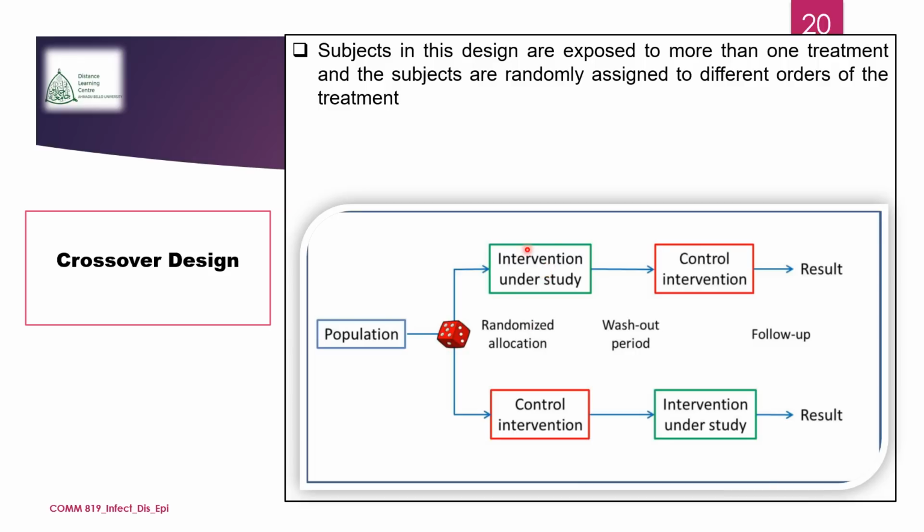Then the control, you give them normal Panadol. So in crossover, you first give the intervention Panadol Extra, then followed by normal Panadol to see the effect. Then for the other group, you give them the normal Panadol, then you follow with Panadol Extra, then you compare the effect. Okay, follow up and compare the effect.